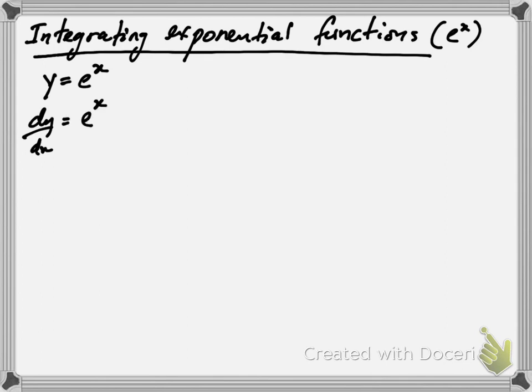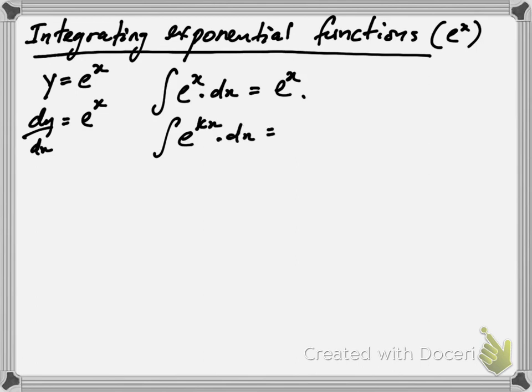Or if you integrate e to the power x dx, you end up with e to the power x. Also, if you integrate e to the power kx, where k is a constant, dx, you end up with 1 over k e to the power kx plus c.